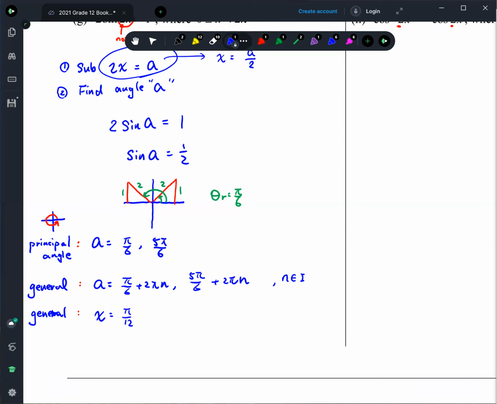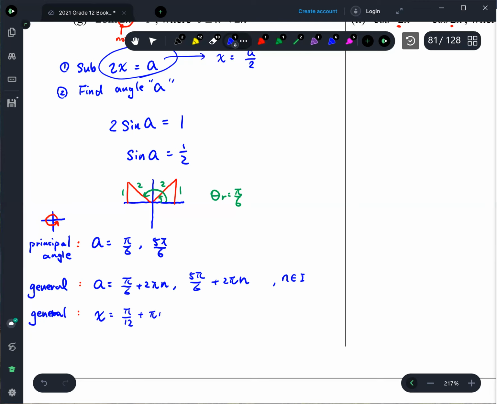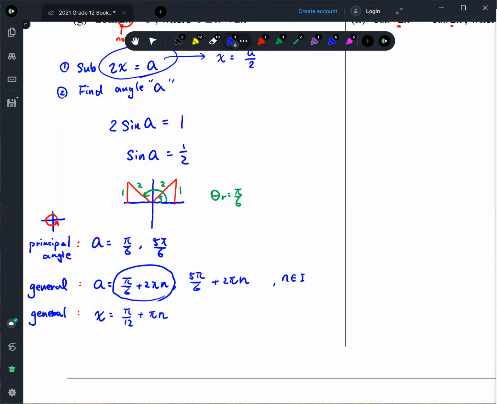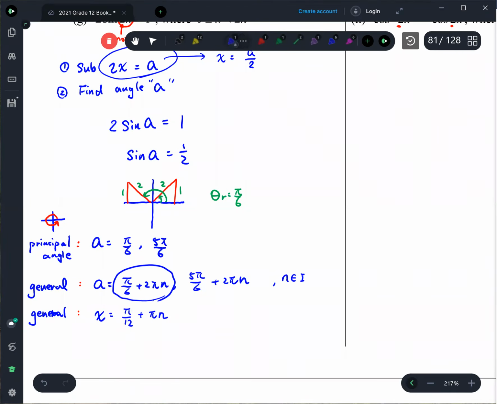What's 2 pi n divided by 2, Marcus? Yeah, 2 pi n divided by 2. This is pi n. Yeah, so you will add pi n. You take the original answer for the A, you divide that by 2, so you get the answer for the x.